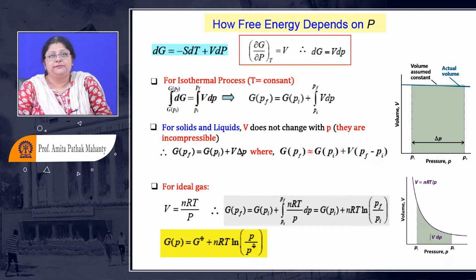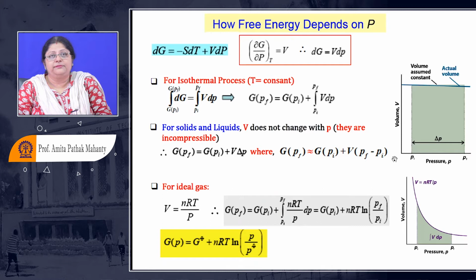You need a huge amount of pressure to have a significant change in solid and liquid volume, because they are almost incompressible. So the change in volume is so insignificant that we can just ignore it and concentrate on the change in pressure from the initial to the final.